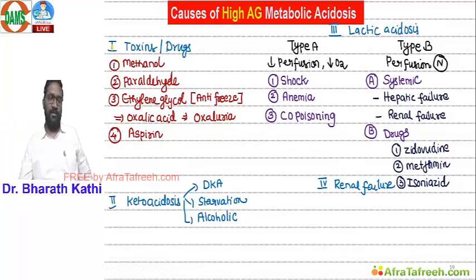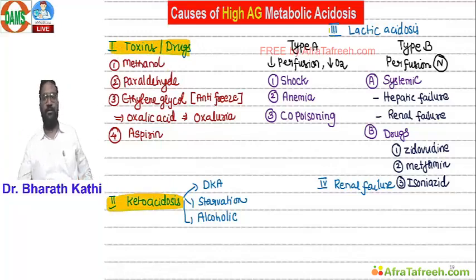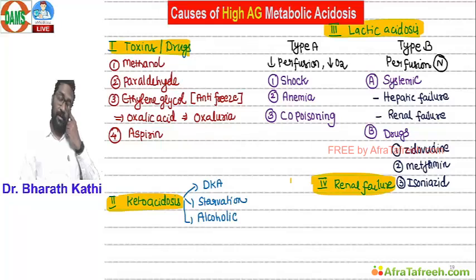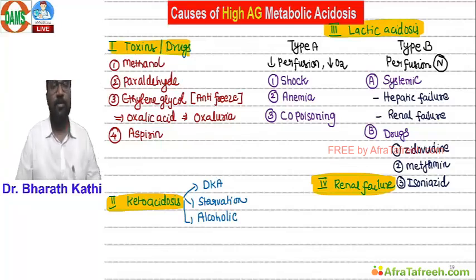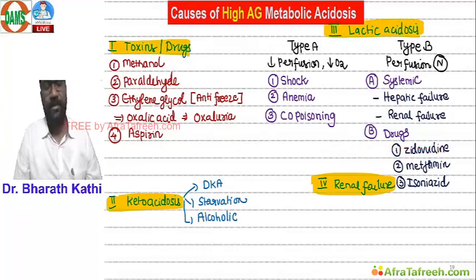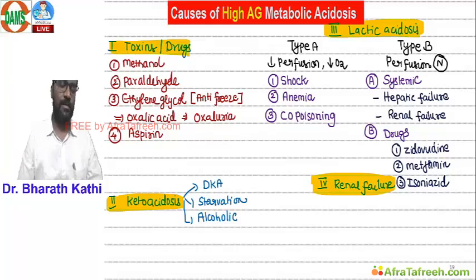Whenever you see a patient with high anion gap, think in terms of toxin or drug use, ketoacidosis, lactic acidosis, renal failure. That's why high anion gap with relevant history should always be considered significant in the emergency department.